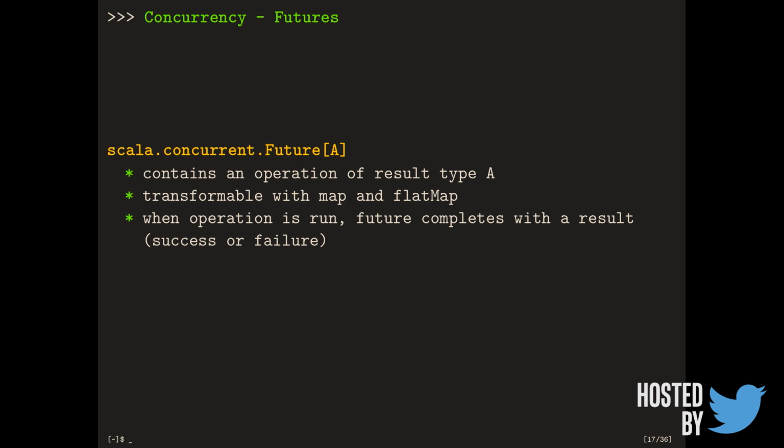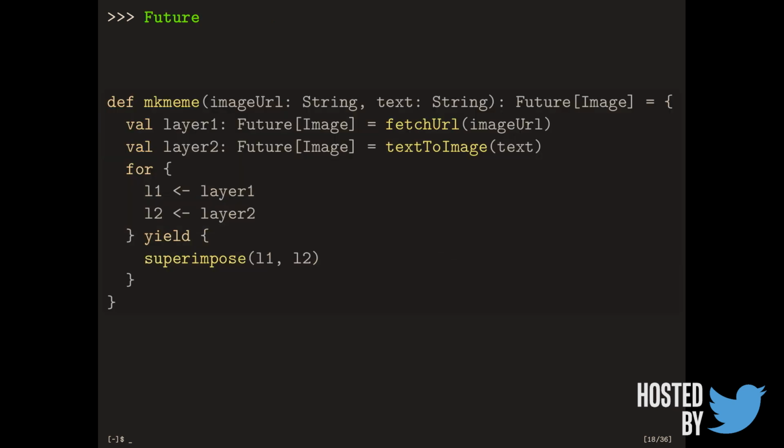What they do is they wrap a single operation that will eventually return some result, some type. You can transform them with maps, flat maps, all the other goodies you have in collections. And when an operation is finally run, the future is going to one day complete either with a success or an error.